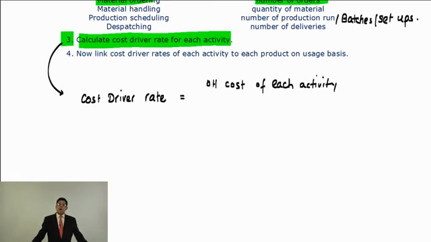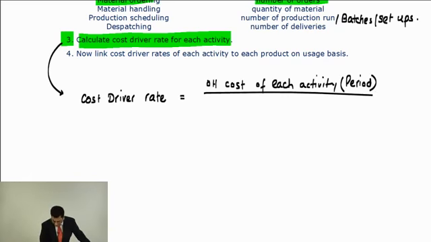Now please remember, the overhead cost of each activity is always given for a period of 1 month, 1 quarter, or generally 1 year. So the overhead cost of each activity for the period in question, divided by the total number of drivers selected for the period.